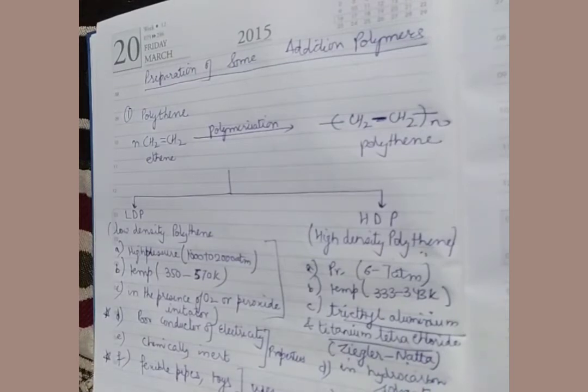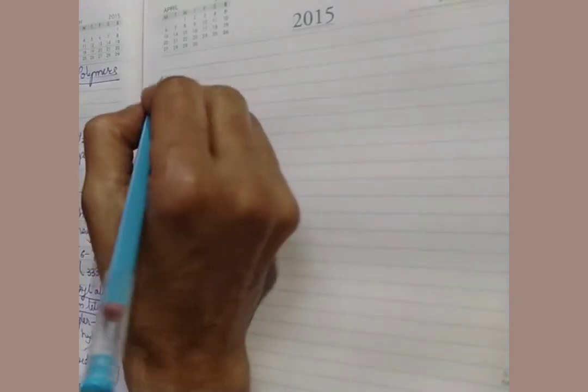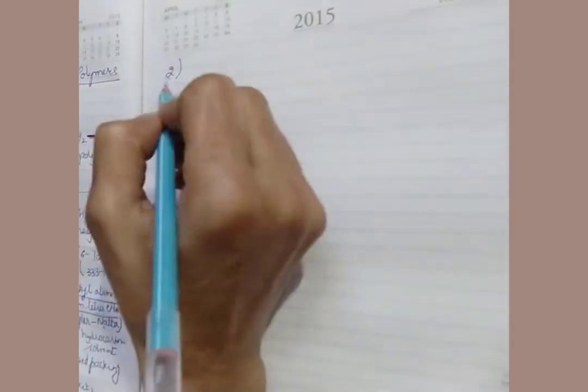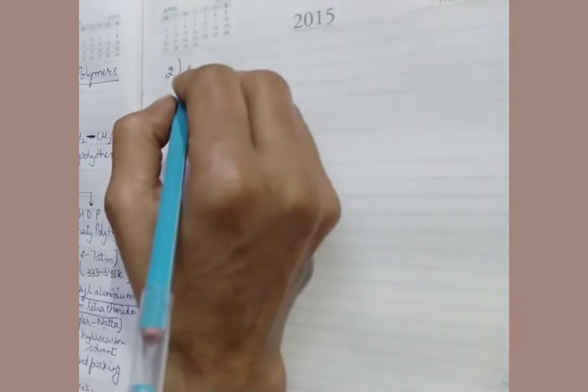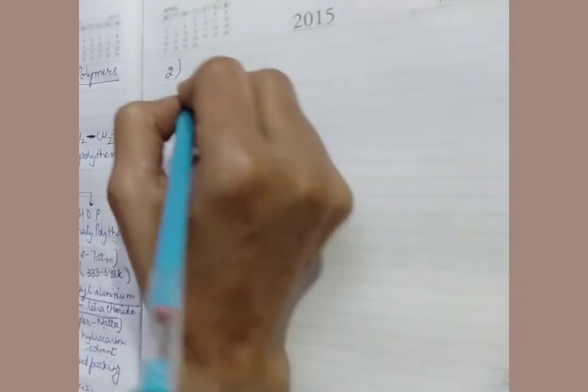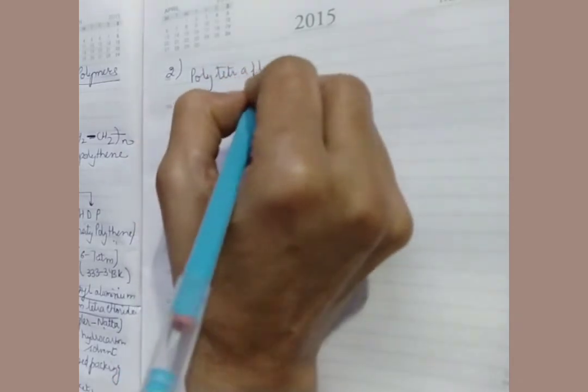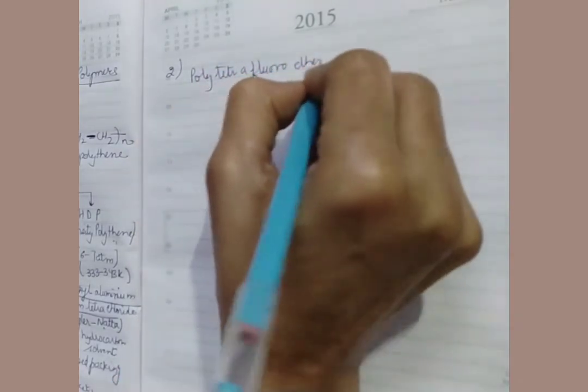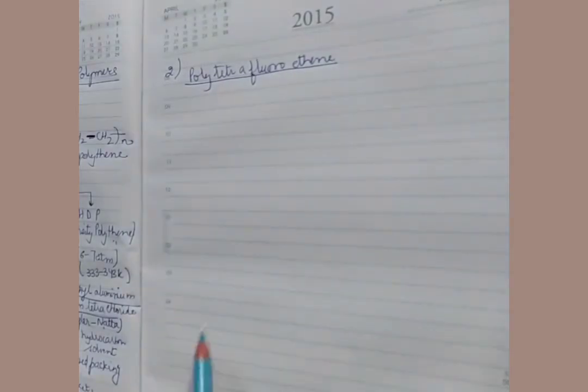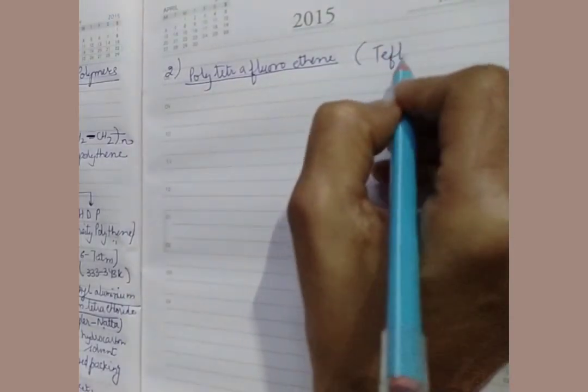Fine. Now we proceed with the second one now. The second one is polytetrafluoroethene. It is named as Teflon.